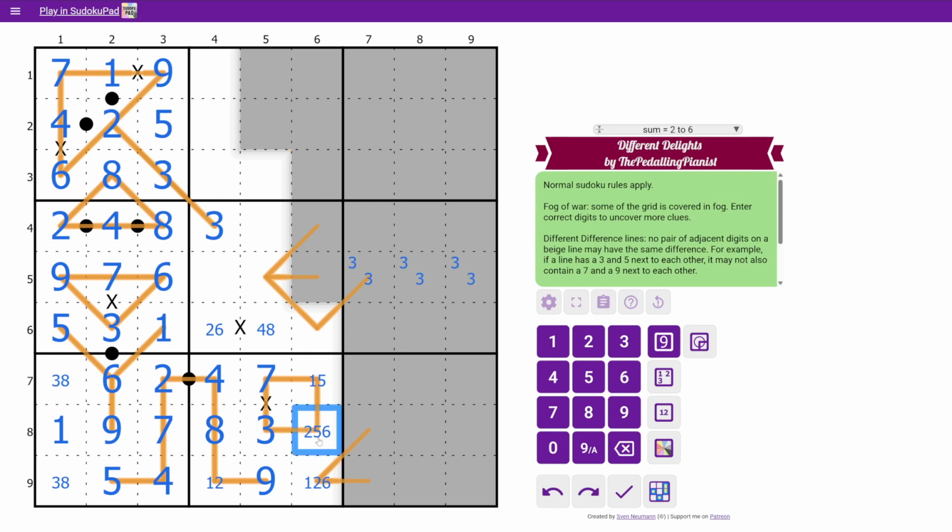If this was a 5, this can't be a 5, because it would make this a 1, and it would have to have a 4 difference.